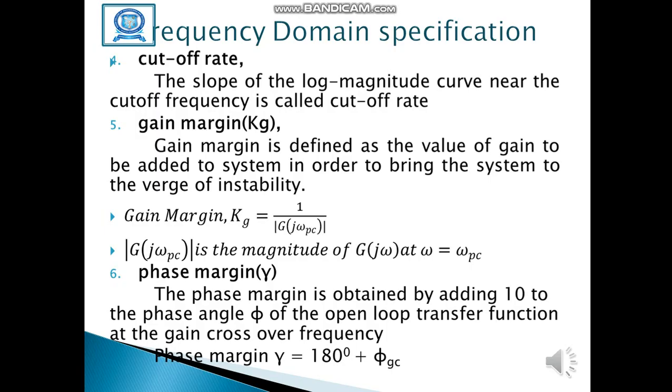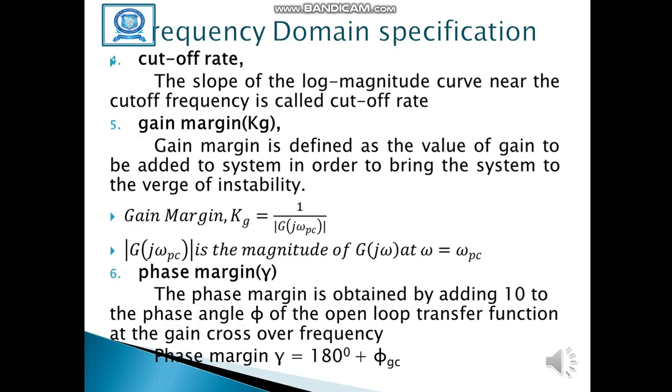The gain margin is represented by Kg. So Kg = 1 / |G(jωpc)|. ωpc is the phase crossover frequency. So |G(jωpc)| is the magnitude of G(jω), here ω = ωpc.